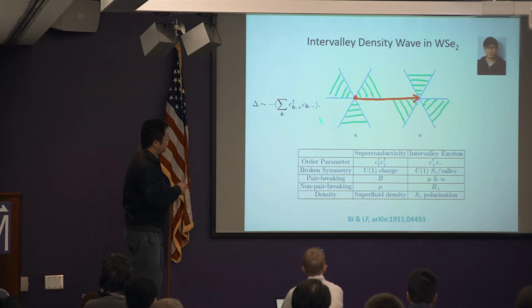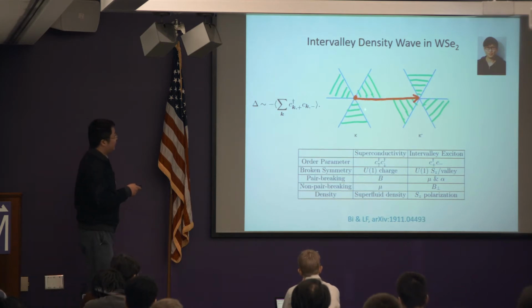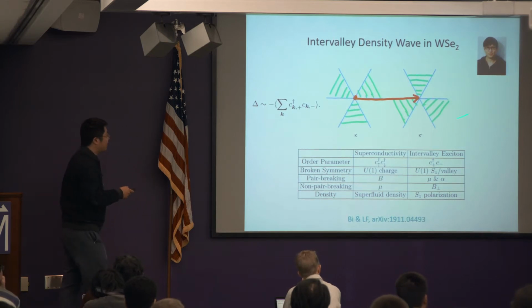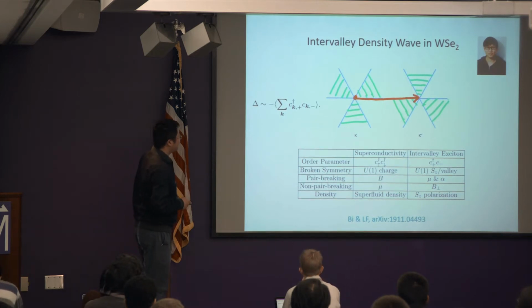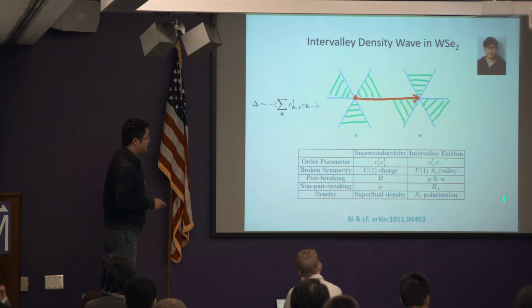So this is just for illustration that in the particular limit, when alpha is 0, you have this Fermi surface, and the occupied states from one valley are perfectly nested with the unoccupied states of the other valley in the vicinity of these special points. And so the order parameter is of this form, electron-hole pairing. You can think of this as the analog of superconductivity.